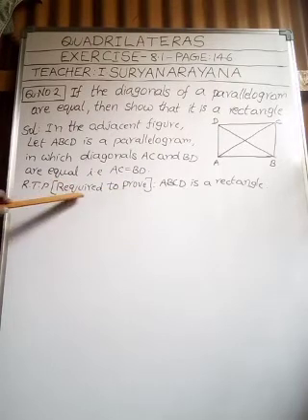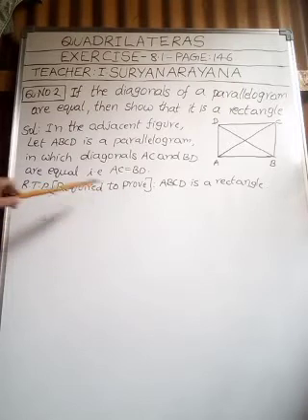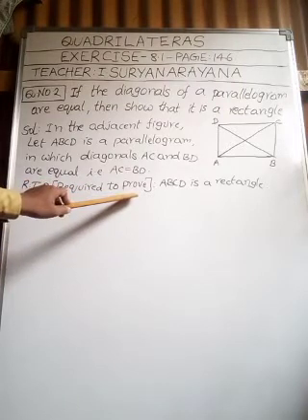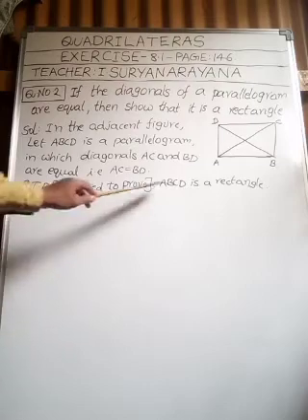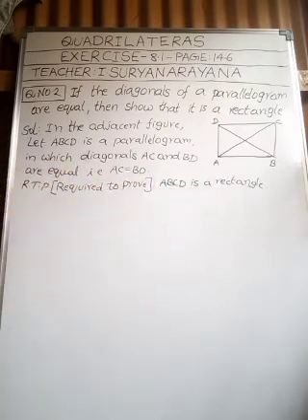R stands for required, T stands for to, P stands for prove. Understood this point, my children? We have to prove that ABCD is a rectangle. Okay, my children?